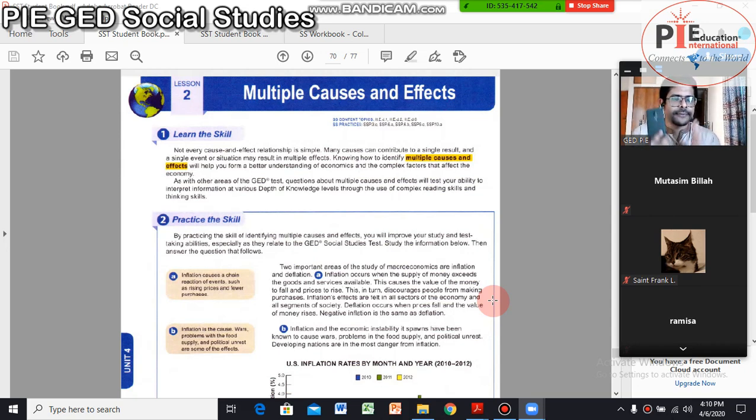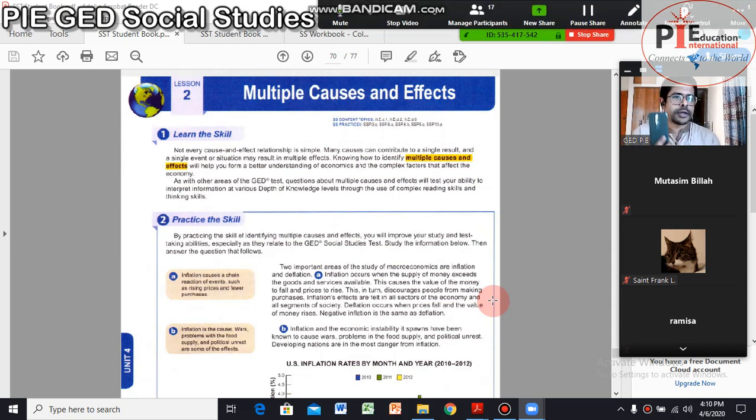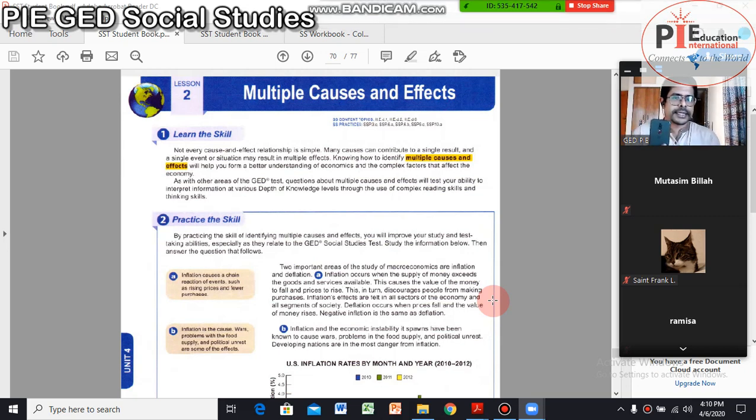So what do I do? I increase the prices. When I increase the prices, that means automatically the value of this product is going up. The value of money is going down, the value of this product is going up. So in order to equalize them, I am putting in more price in terms of money.